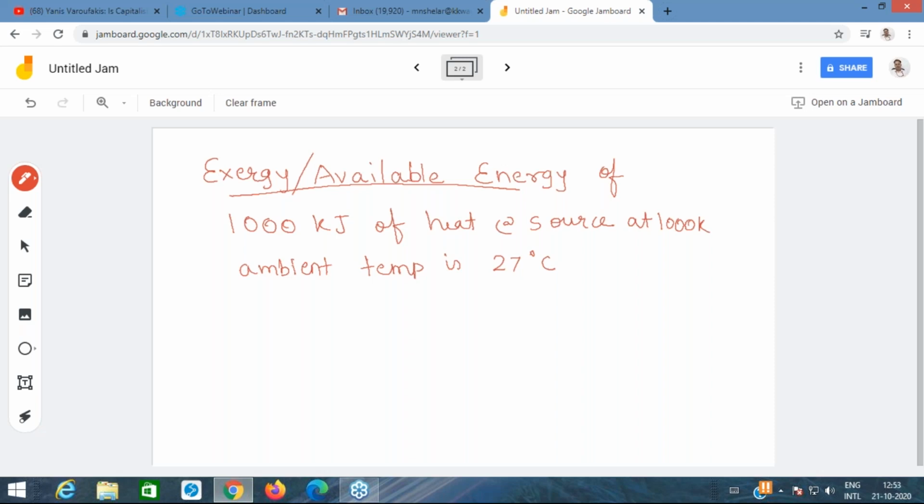Any answers? Okay, Kunal has given some answer. Kunal and Gargi. Anybody else? Apart from Kunal and Gargi, I want others also to answer. Okay, Gargi has given some formula.